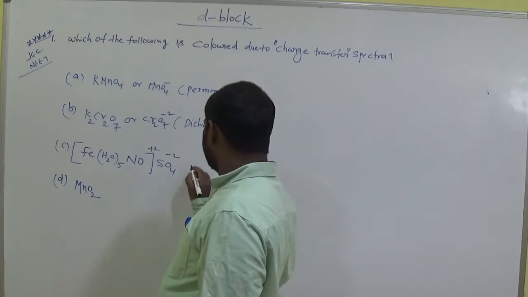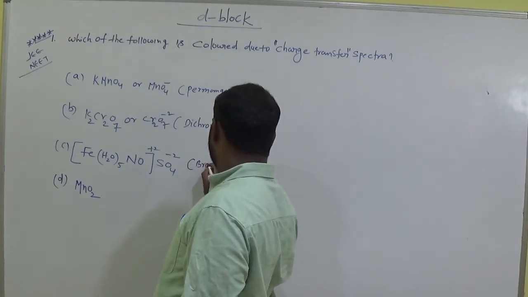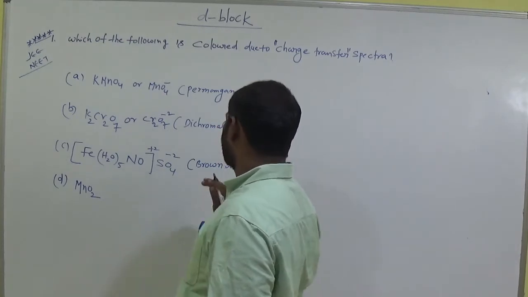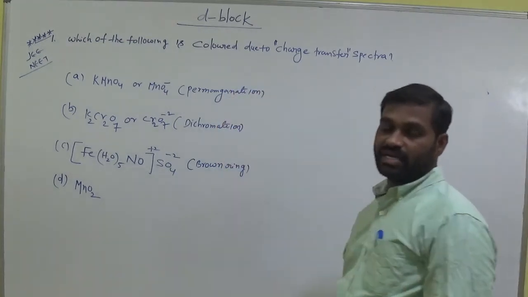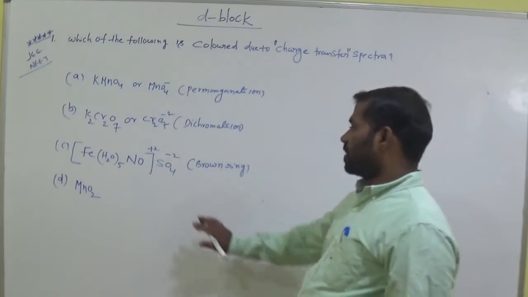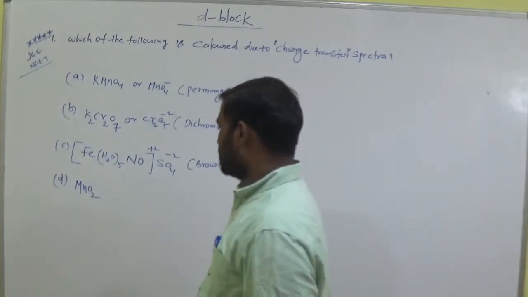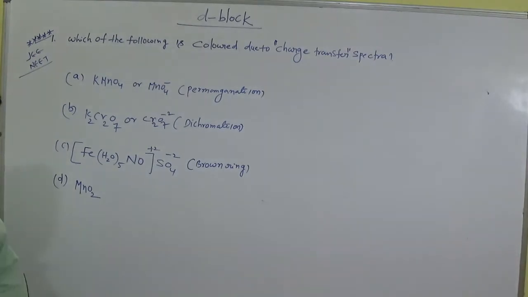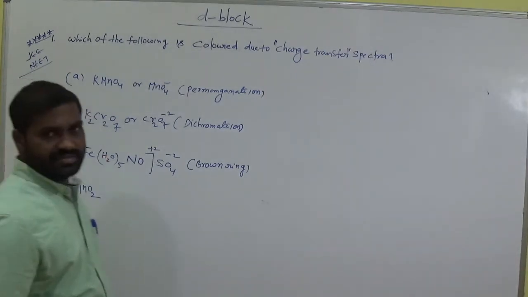This is the brown ring. Just keep it. We will discuss it again in nitrogen compounds. Brown ring compound, complex compounds, manganese dioxide. So let us come to A.